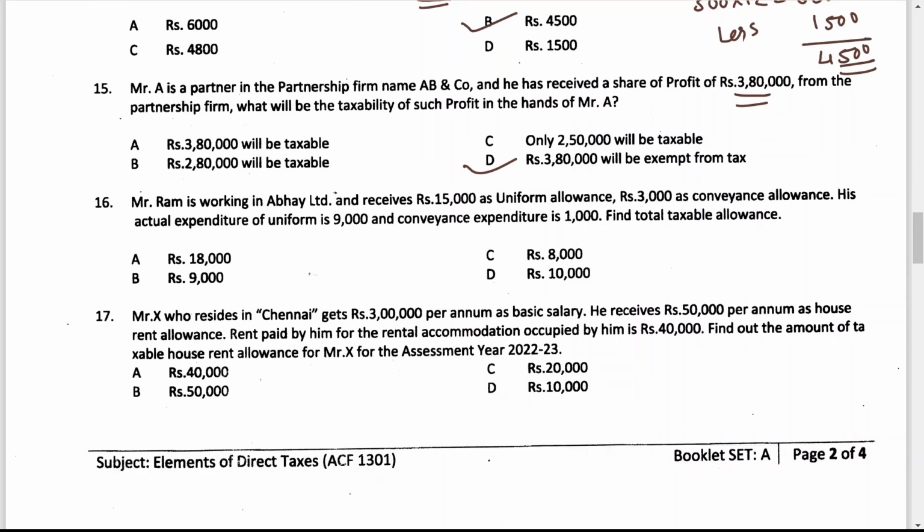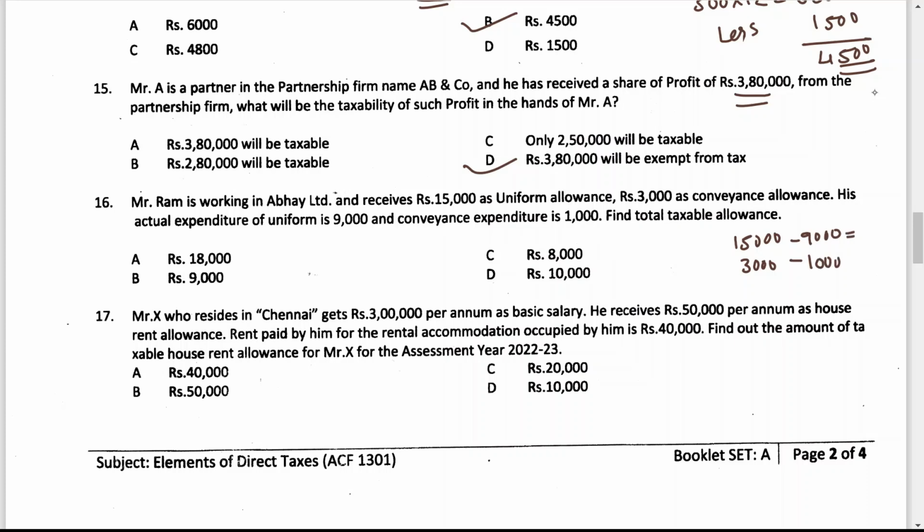Now, Mr. Ram is working in Abhay Limited and receives 15,000 as a uniform allowance and 3,000 as a conveyance allowance. Now, his actual expenditure from uniform allowance is 9,000 and actual expenditure in case of conveyance allowance is 1,000.